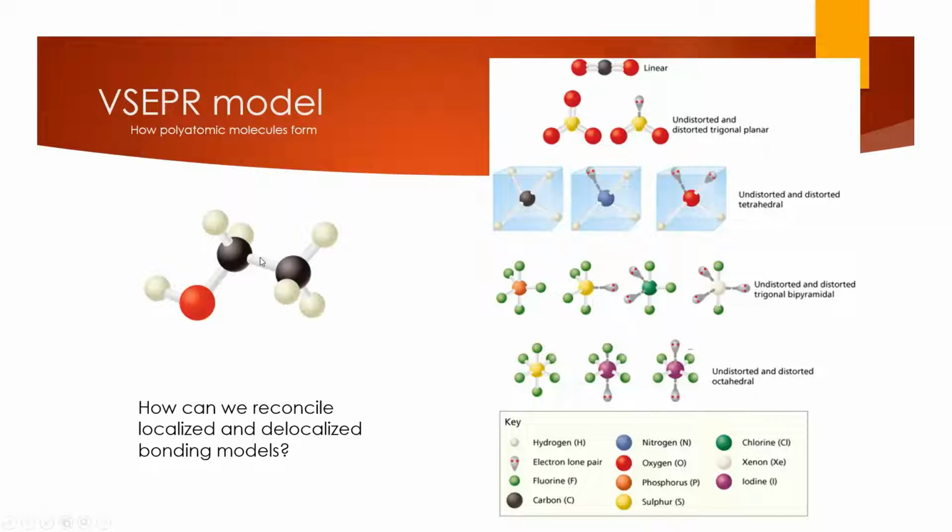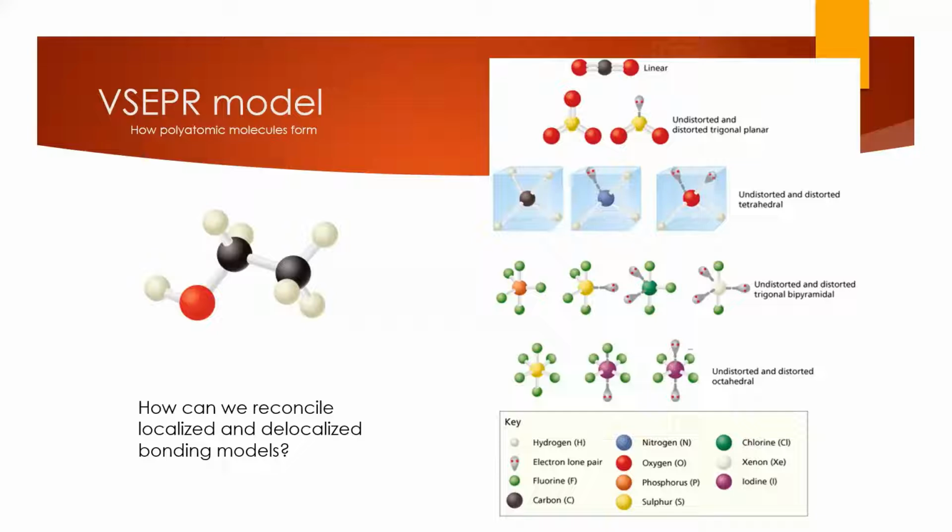The kind of ideas that we have to wrestle with here are: is one of these ideas right? Is one of our models wrong? We've used them both basically throughout all of chemistry, and it turns out that they're both conceptually useful. VSEPR theory is useful because it is more intuitive and it allows us to easily predict shapes of polyatomic molecules.